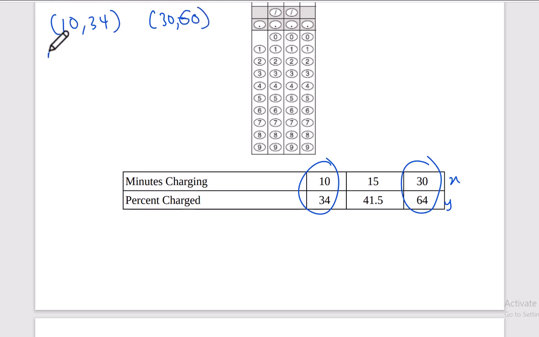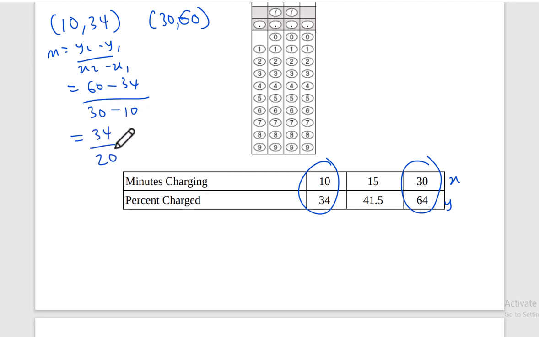So m is y2 minus y1 all over x2 minus x1. So 60 minus 34 all over 30 minus 10. 60 minus 34 is what? Over 20.